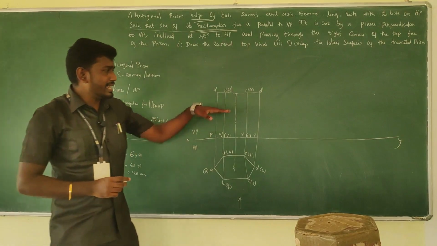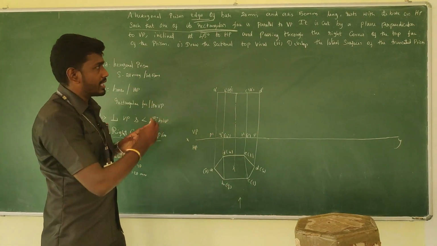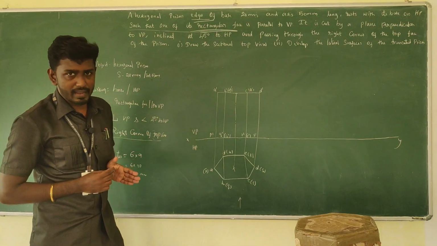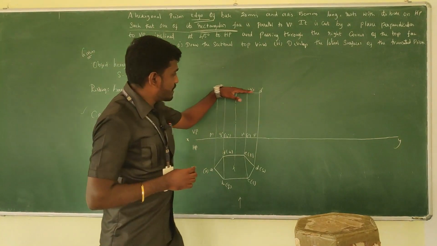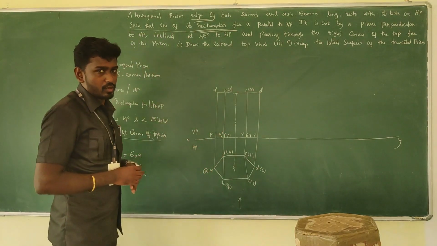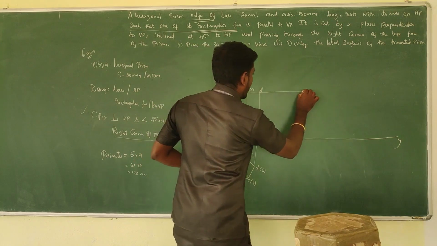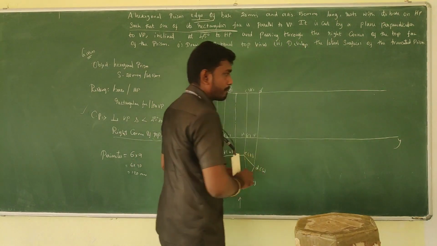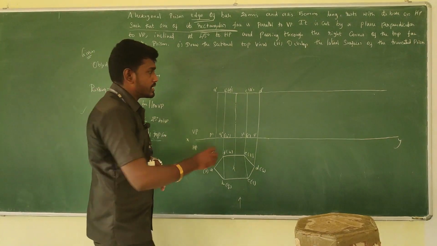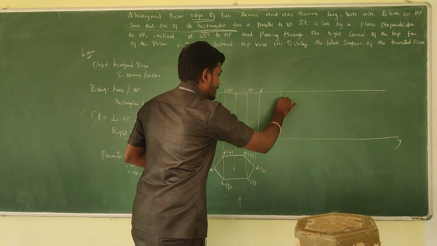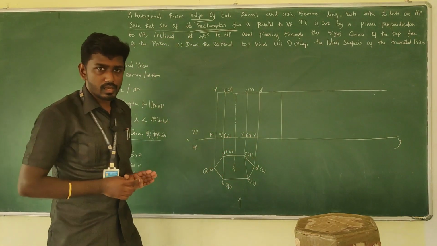It is easy to construct the rectangular stretch-out of the lateral surface. Just extend the XY line. Afterwards, by taking the reference from the top base, we will do it. Take the reference from the top base and draw a horizontal line, and then draw a vertical line some distance ahead of the object.